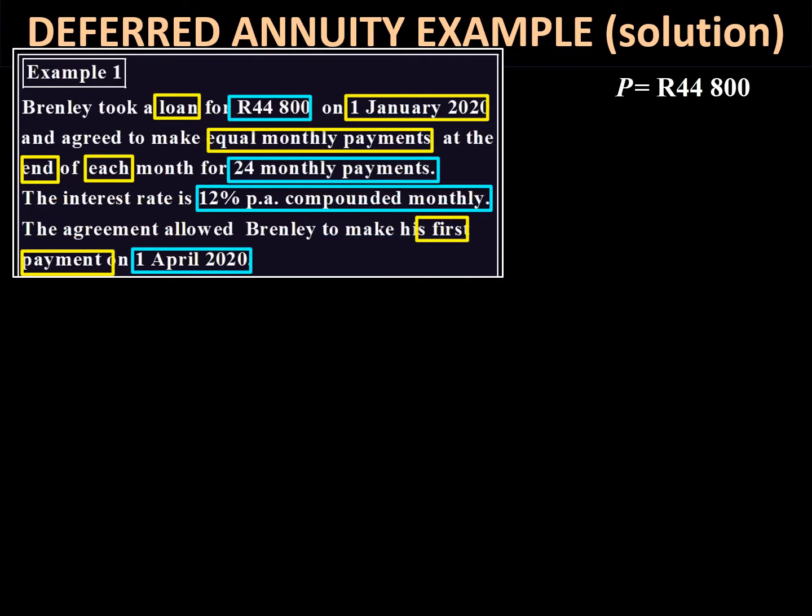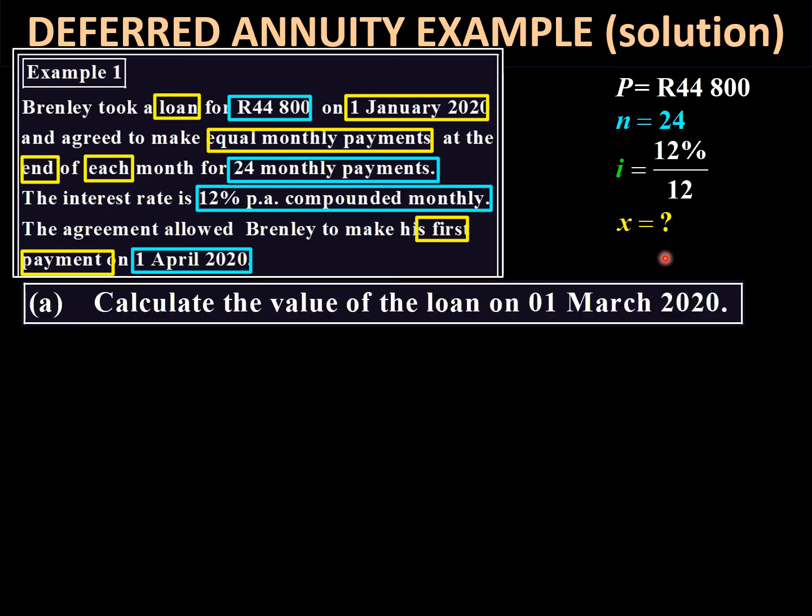From the previous slide, we have all the information. There's the 44,800, there's 24 months, it's 12% over 12, and we want to eventually work out that new monthly payment. First of all, the first question says calculate the value of the loan on the 1st of March. Because there's no payment, there is compound growth taking place.